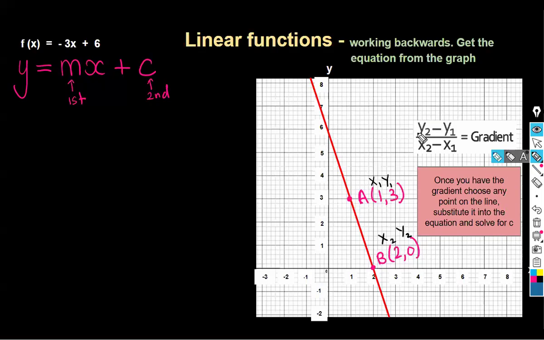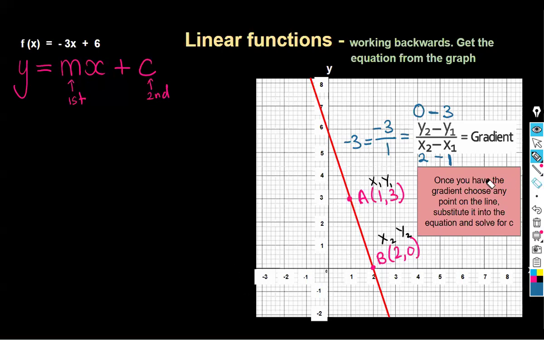Y2 is 0 minus Y1 which is 3, over X2 which is 2 minus X1 which is 1. 0 minus 3 is -3. 2 minus 1 is 1. -3 divided by 1 is -3.